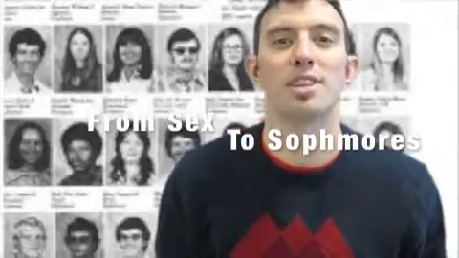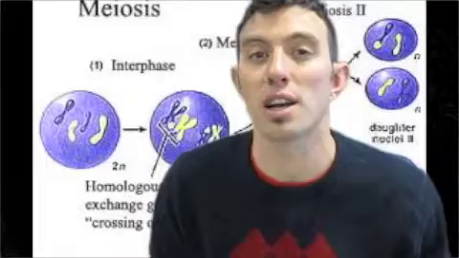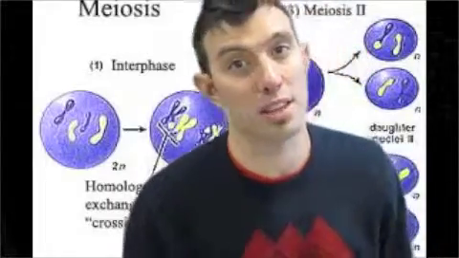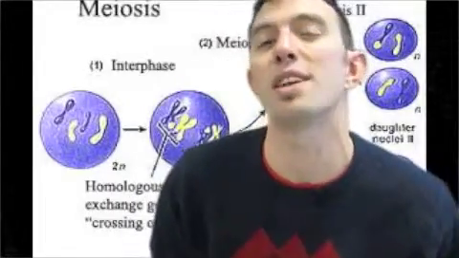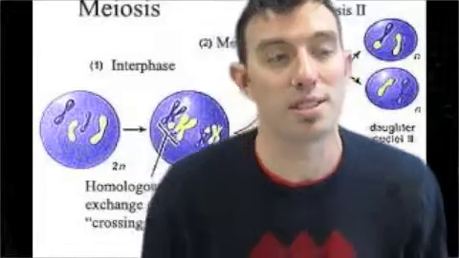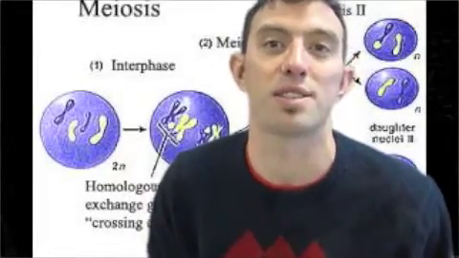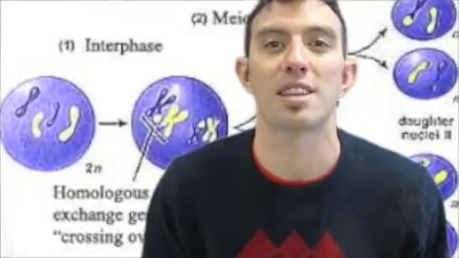To get started with this episode, we need to understand a few terms first before we get into the nitty-gritty of all this stuff. What we're talking about in this feature we like to call Sex to Sophomores is the process of meiosis. Meiosis itself is the process in which our cells split to create sex cells.